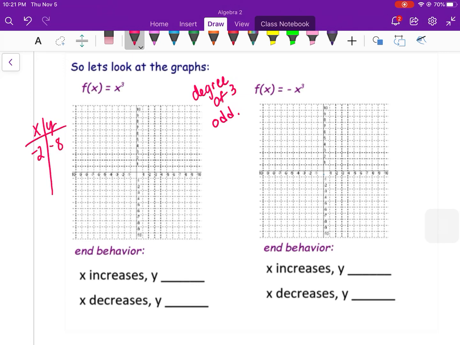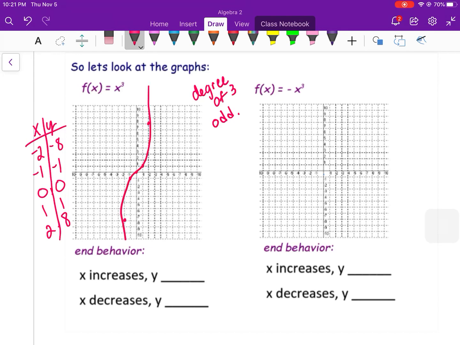If you plug in negative 2 cubed is negative 8. Negative 1 cubed is negative 1. 0 cubed is 0. 1 cubed is 1, 2 cubed is 8. And so if you were to graph those points, negative 2, negative 8, negative 1, 0, 1, 2, 8.